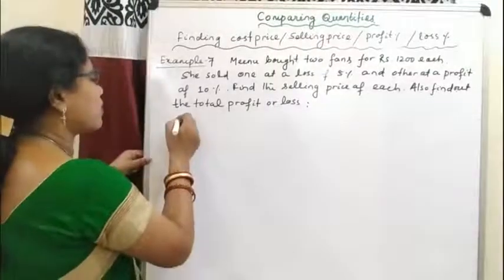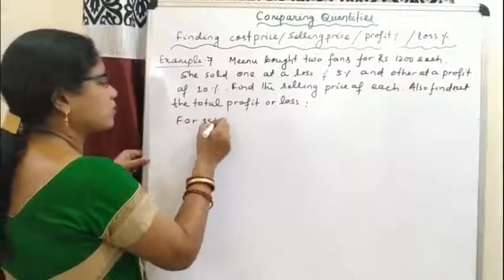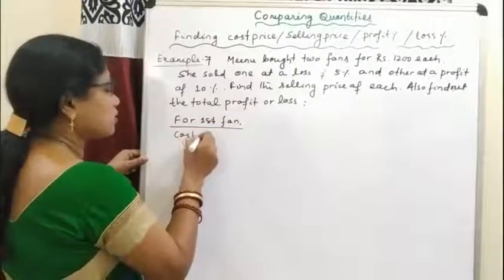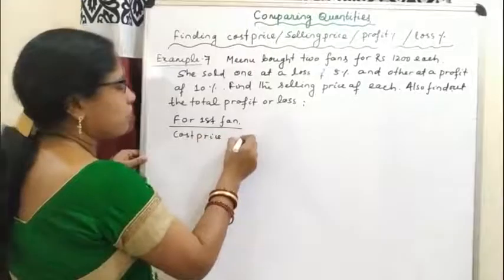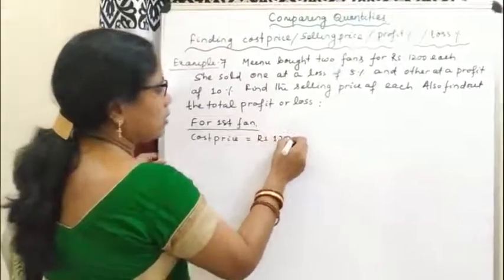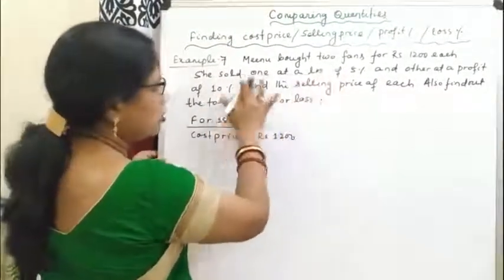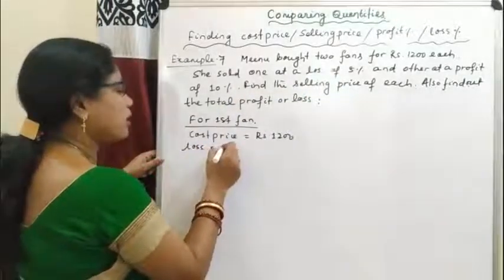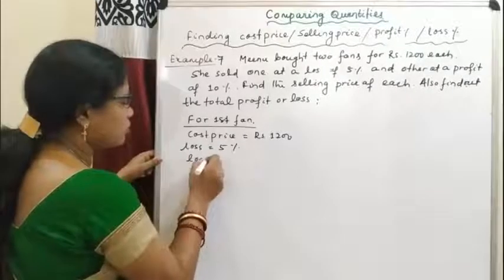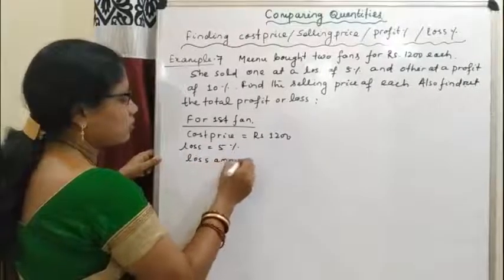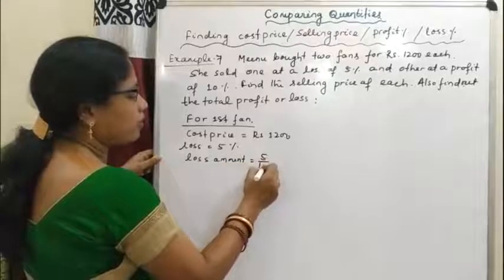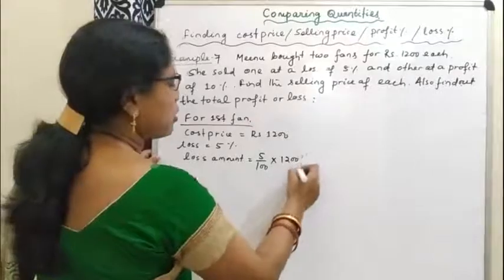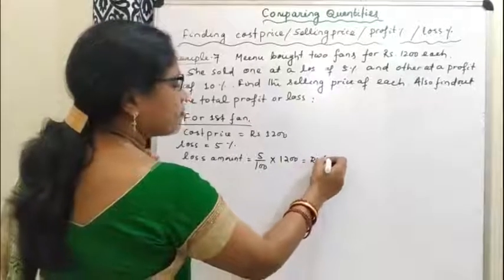So for the first fan, the cost price is rupees 1200. The first fan is sold at a loss of 5%. So the loss amount is equal to 5 by 100 multiplied with 1200. So this is equal to rupees 60.